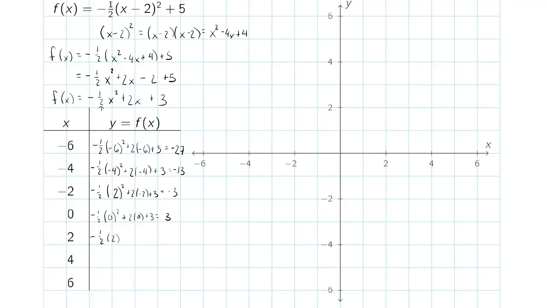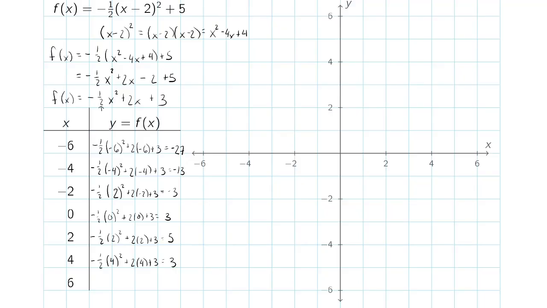-1/2 times 2 squared plus 2 times 2 plus 3. That's going to give me 5. -1/2 times 4 squared plus 2 times 4 plus 3. Oh, that gives me 3 again.